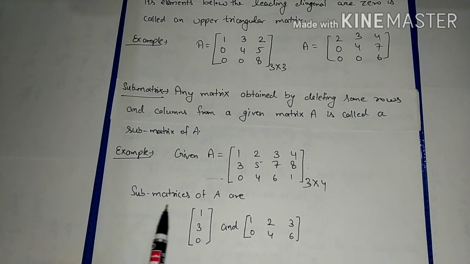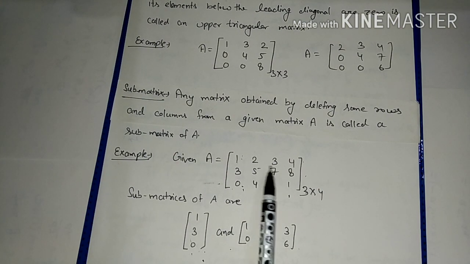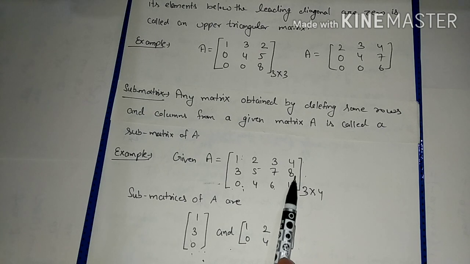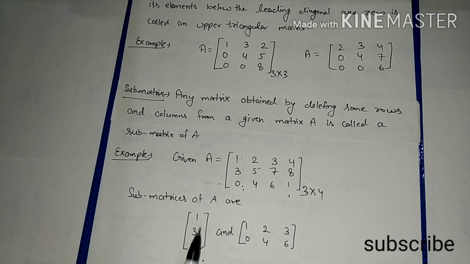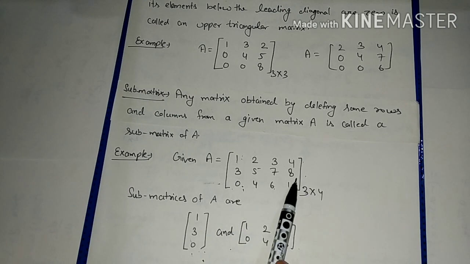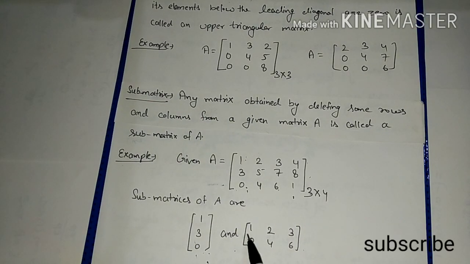Find submatrices. Submatrices of A are: if we delete the second column, third column and fourth column, then we get the submatrix [1; 3; 0], and if we delete the second row and fourth column, another submatrix [1 2 3; 0 4 6].